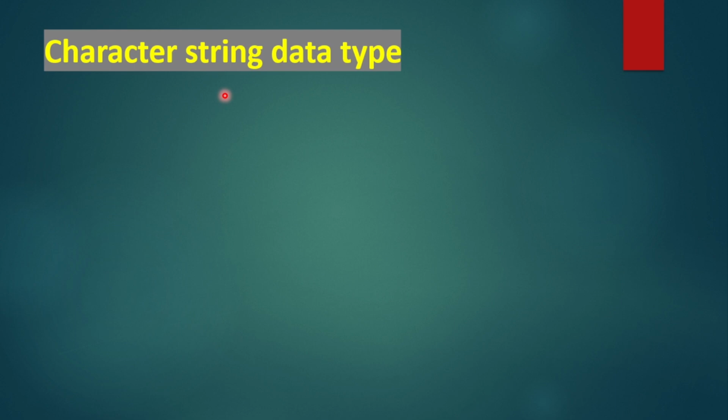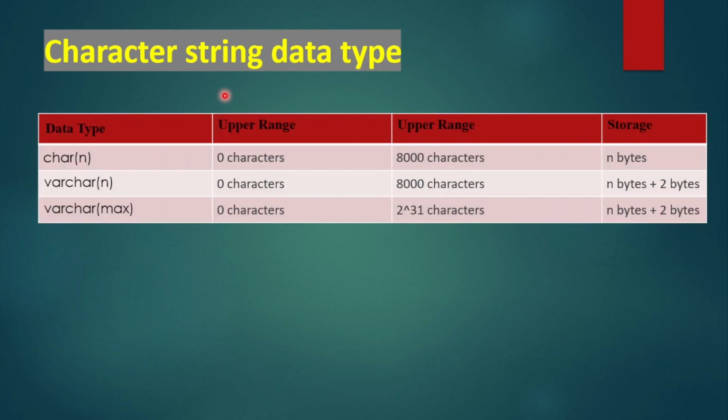Character string data types. With these, we can store strings inside a column. See here: char, varchar, and max. These are all character string data types. We can store 0 to 8000 characters inside char, n bytes.